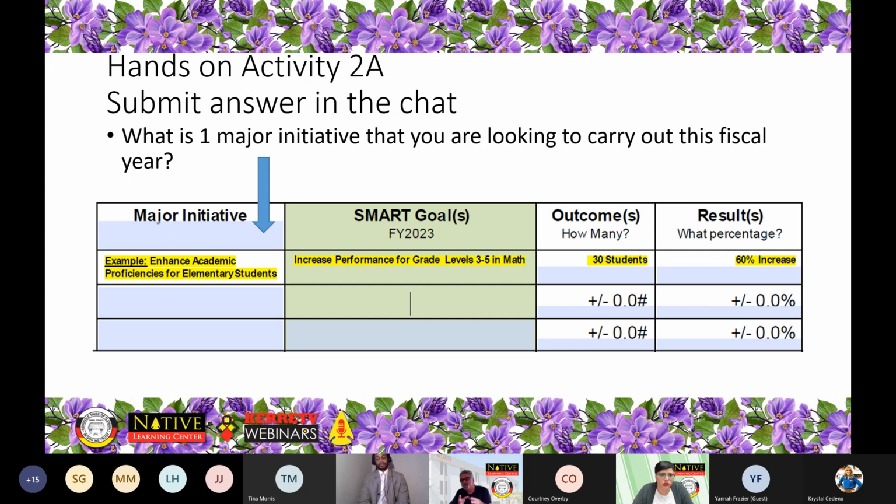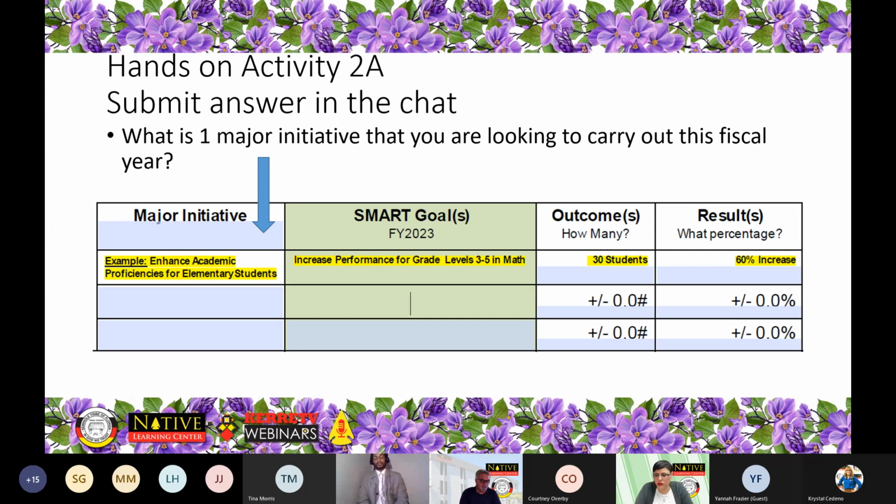And by the way, what you're seeing on the screen is a very simplistic version of a logic model, as you can probably gather by the description and the comments in the chat box for your individual scenarios. You can imagine that this logic model could be much more complex than what we're showing here.